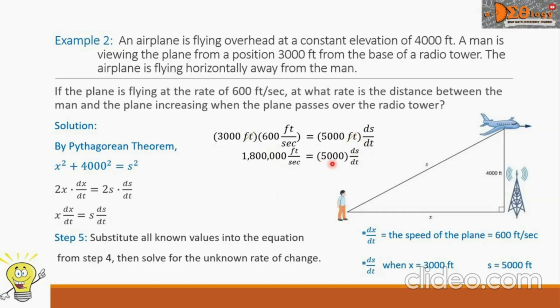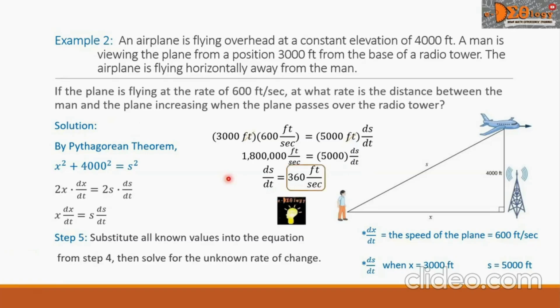It means this 5,000 will be the divisor of this value 1,800,000. So ds over dt is equal to 360 feet per second. This is the rate of the increasing distance between the man and the plane. This is our final answer.